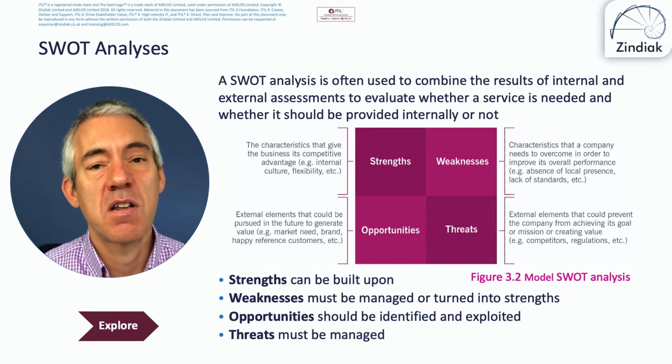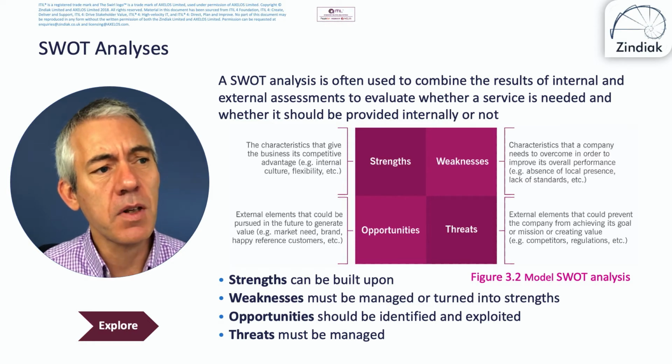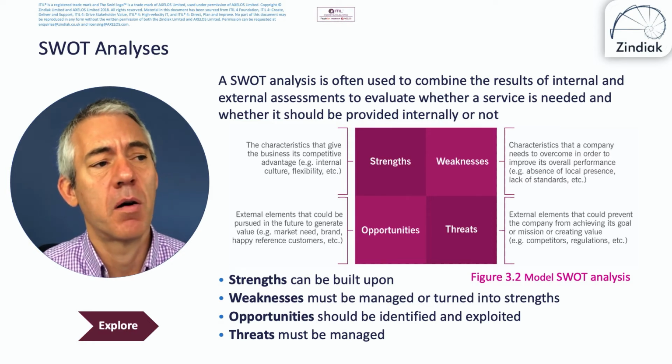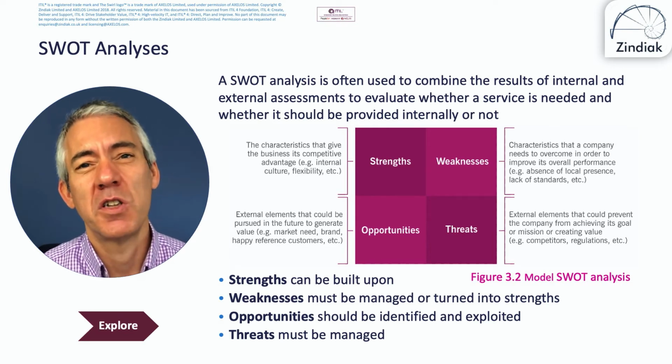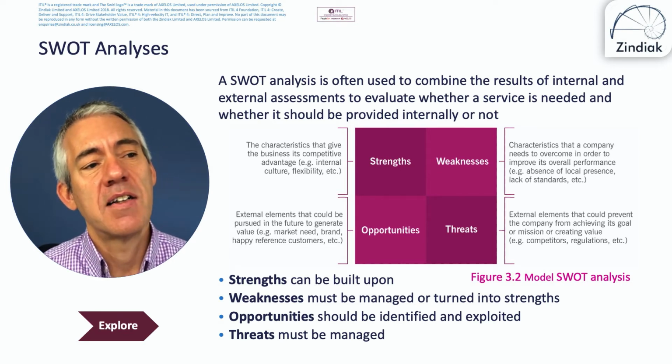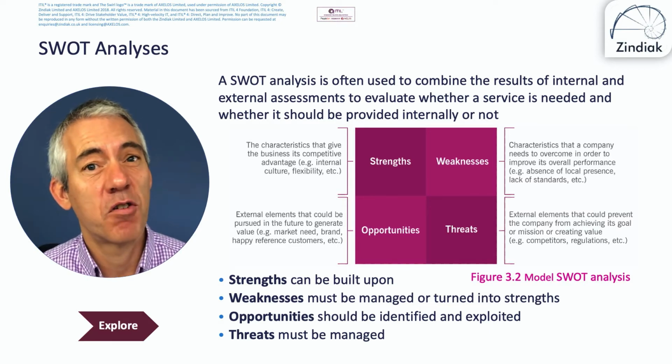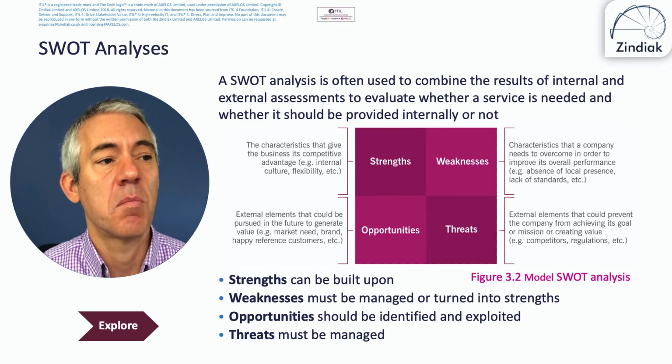And then opportunities and threats really are different types of risks. Threats are things that might happen, opportunities are things that might happen. There's uncertainty around them, which is risk. Threats are things that might happen that are going to be negative for us, and opportunities are things that might happen that are going to be positive for us.